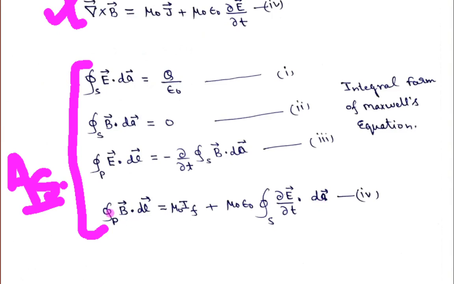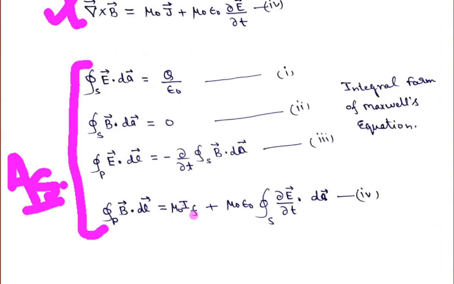This equation is very interesting. If you choose a flat surface, obviously this electric flux part will be equal to 0, because this is a surface integral part. So this part will be equal to 0, and then only the mu 0 I f will remain, and your Maxwell equation will be the line integral of B dot dl equal to mu 0 I f.